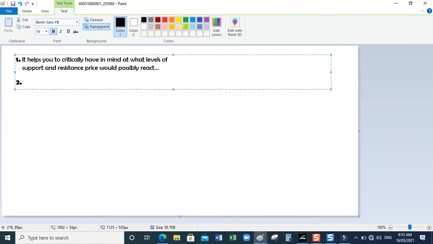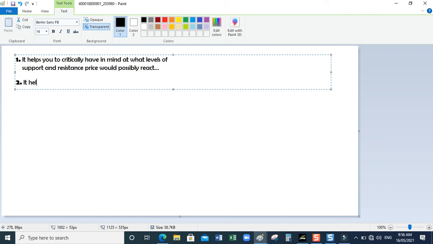The second point is that you use Fibonacci to help you project your entry and exit points. When price hits these levels, you know that the market is highly predictive, and then at what level it will expand to.